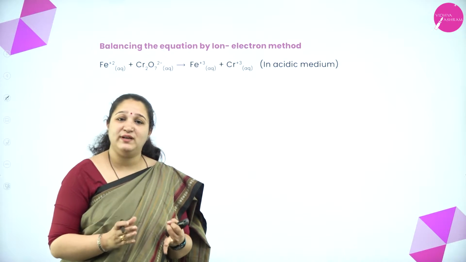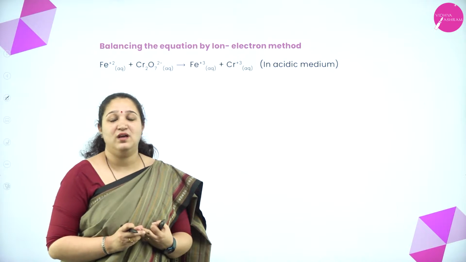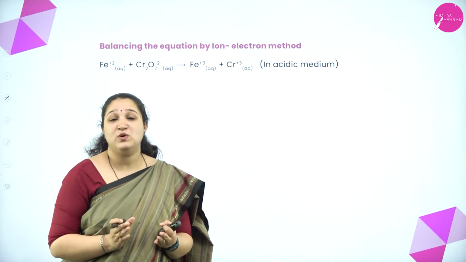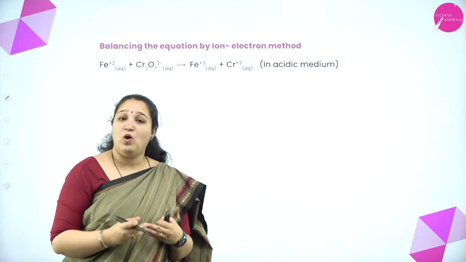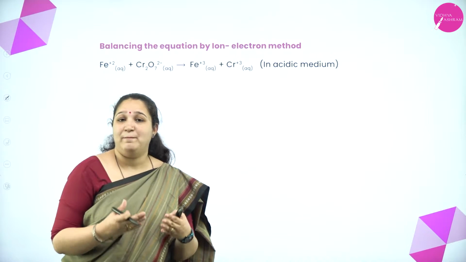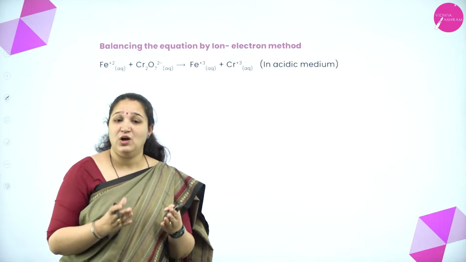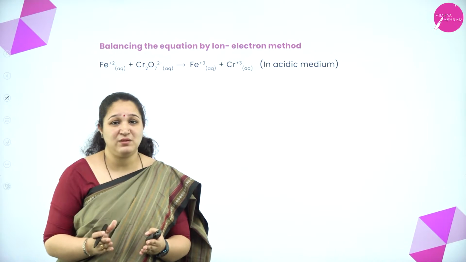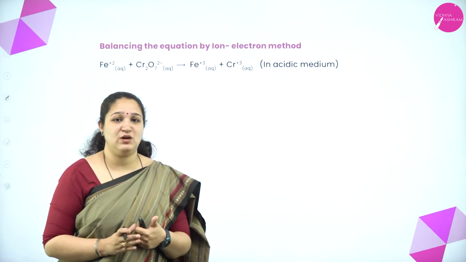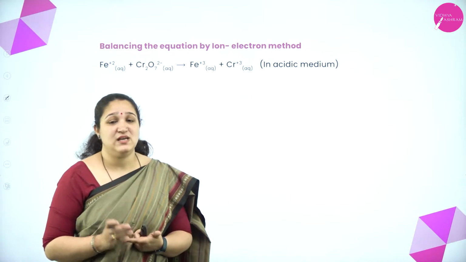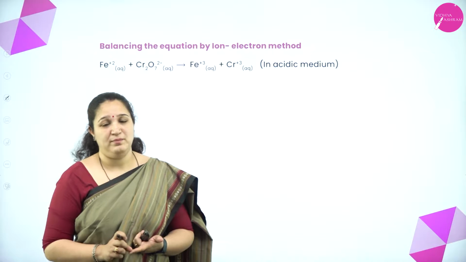Last class we did 3 equation balancings in acidic medium. Today I shall explain how to balance a redox reaction in basic medium using both methods, that is the oxidation number method as well as the ion electron method.